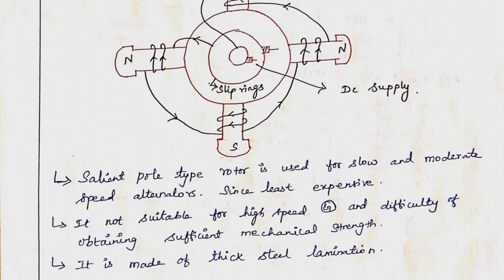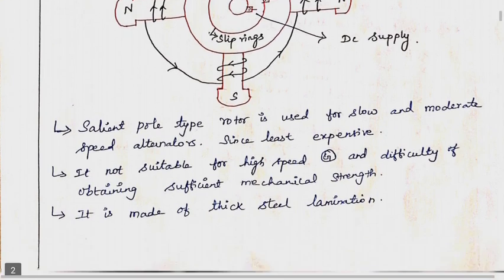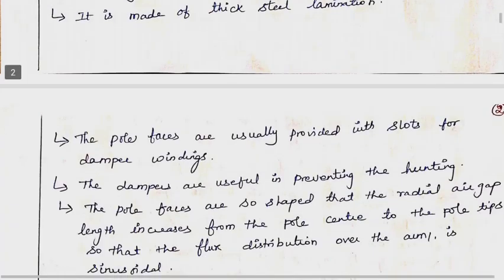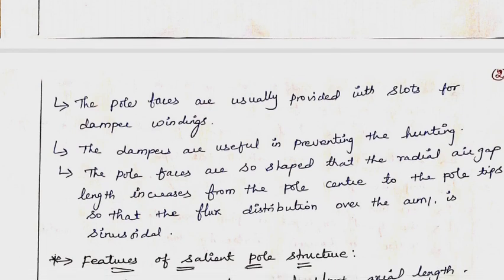It is not suitable for high speed generators, as it is difficult to obtain sufficient mechanical strength. It is also made of thick steel laminations. Then the pole faces are usually provided with slots for damper windings. The dampers are used to prevent hunting.